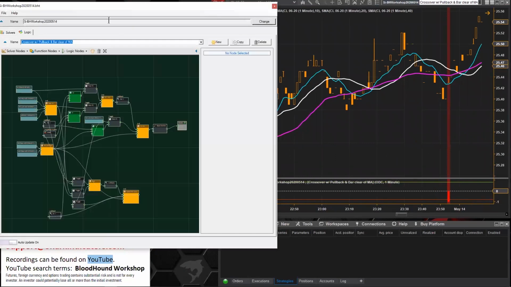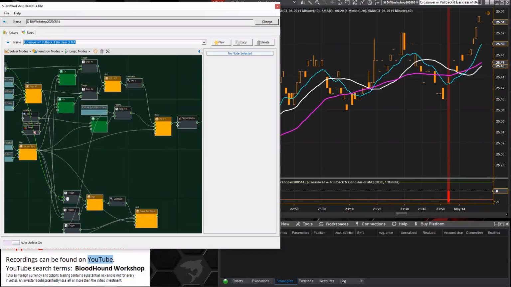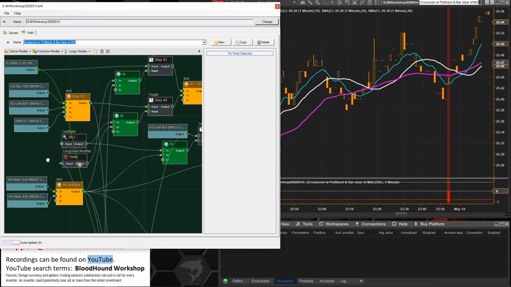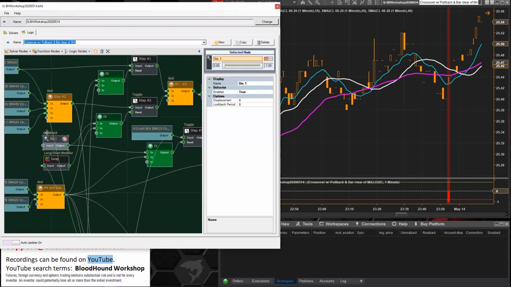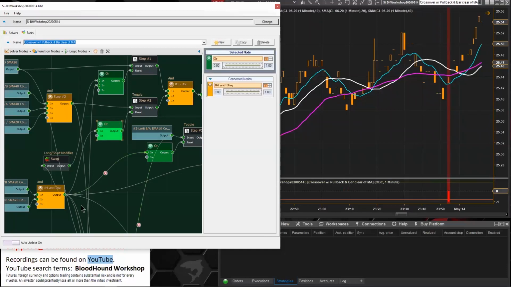All right, so let's take a look at the logic here. Looking through all this, everything looks good. So I need to go back and revisit this unused node here. This actually was not required, so I'm going to delete it. And then I can also get rid of a bunch of these OR nodes as well. Let me turn off the auto update here.